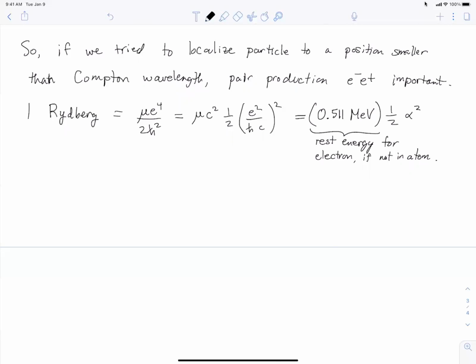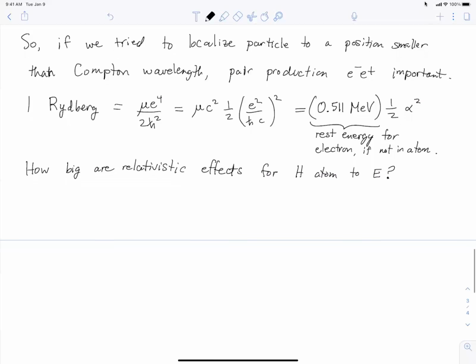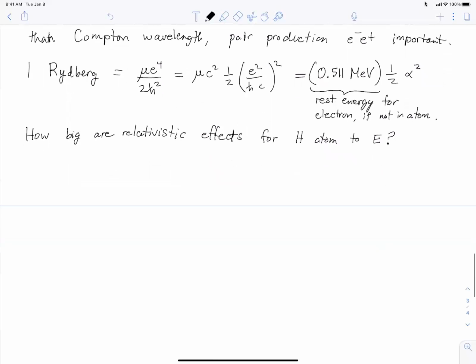Okay, so in fact, let's see how that goes by asking the question, how big are relativistic effects for the hydrogen atom? And we're specifically asking about the energy. We could ask about other things like the size of the hydrogen atom, but if we understand how it affects the energy, that will give us a good indication of what the relativistic effects are.